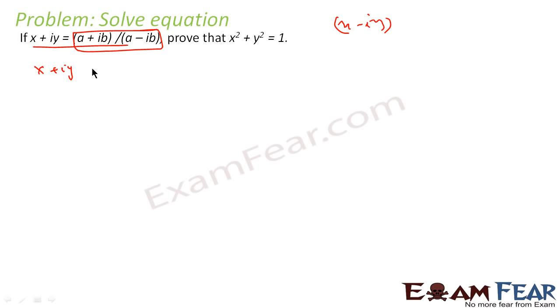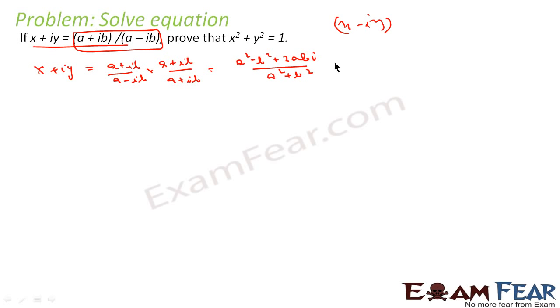x plus iy equals (a plus ib) into (a minus ib). Let's rationalize this: a plus ib by a plus ib. So what you get is a plus ib whole square, that is a square minus b square plus 2abi, and here you get a square plus b square.